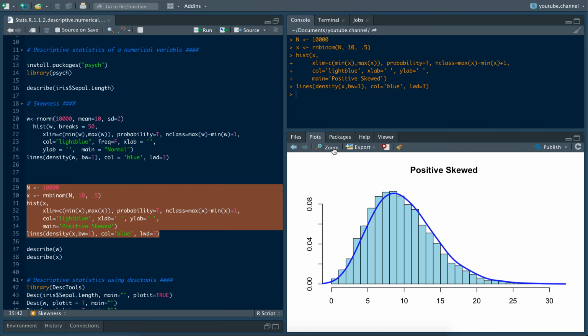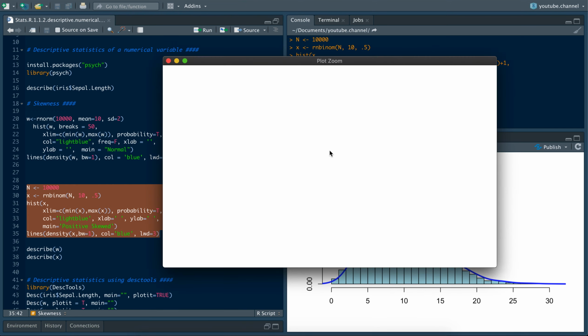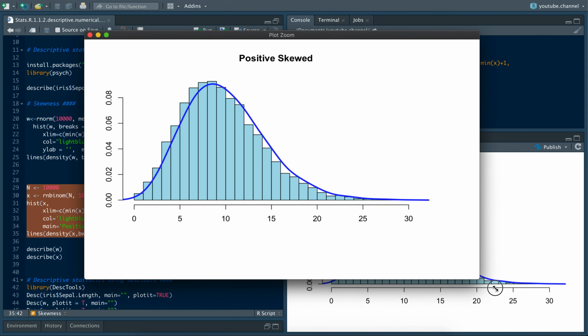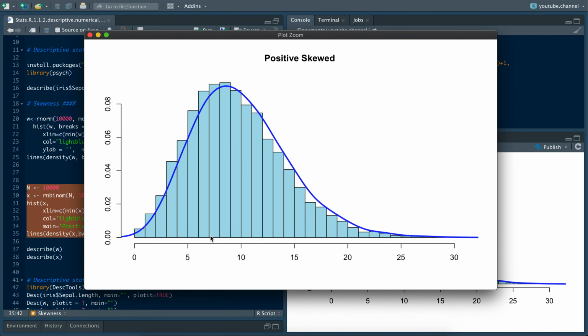In this case, we have a positively skewed distribution. Now this is a plot of a positively skewed distribution. Again, you can see that the vast majority of the observations are between 0 and 15, but you have quite a large number of observations even after 15, and the curve is basically skewed on the right side.